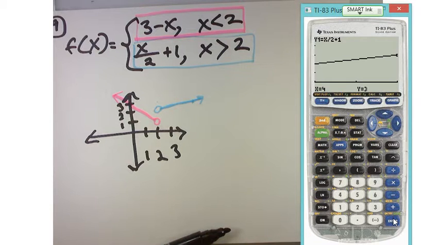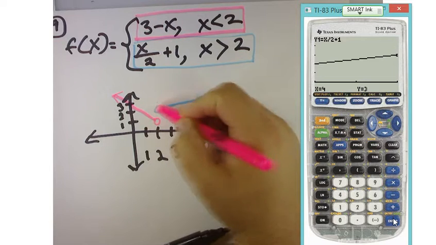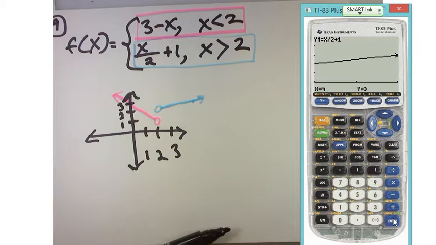Another problem is that that's the point where we might have a jump discontinuity. In this particular case, we do. What does that mean? The jump discontinuity means that I literally have to jump from here to finish drawing my graph.